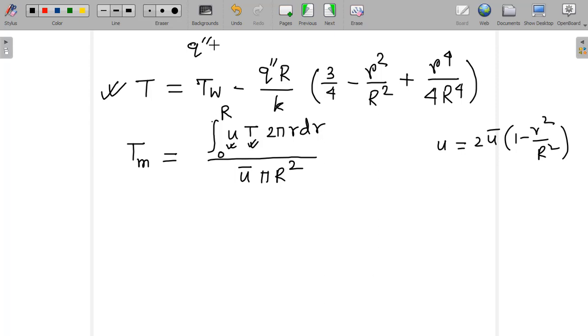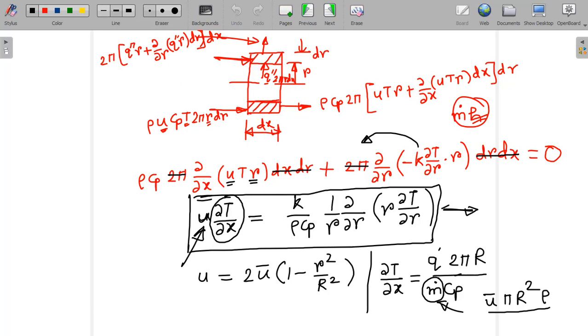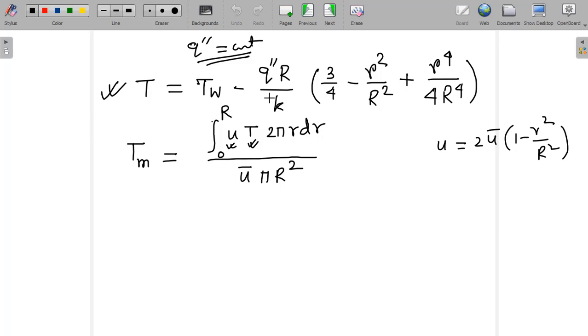We have considered the heat flux is constant, then only you get this result. Here Q is basically the heat flux. So when heat flux is constant, this is the temperature profile that you remember.